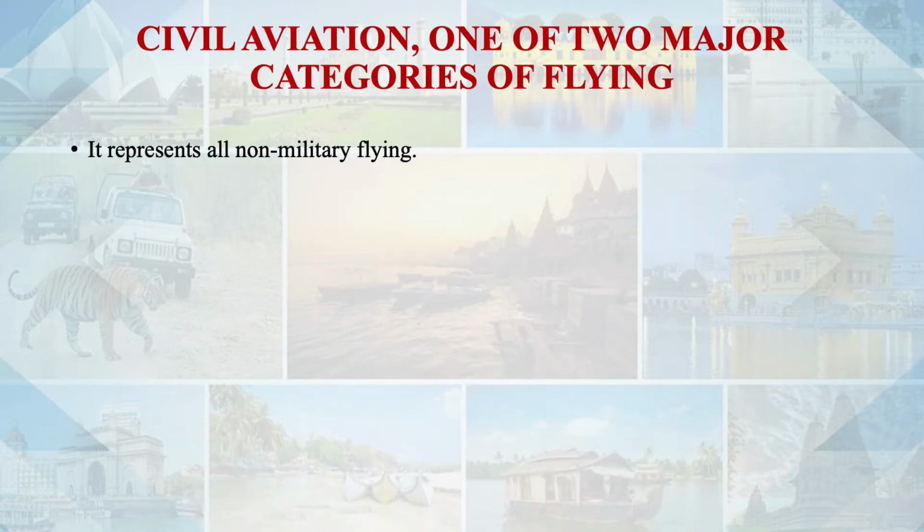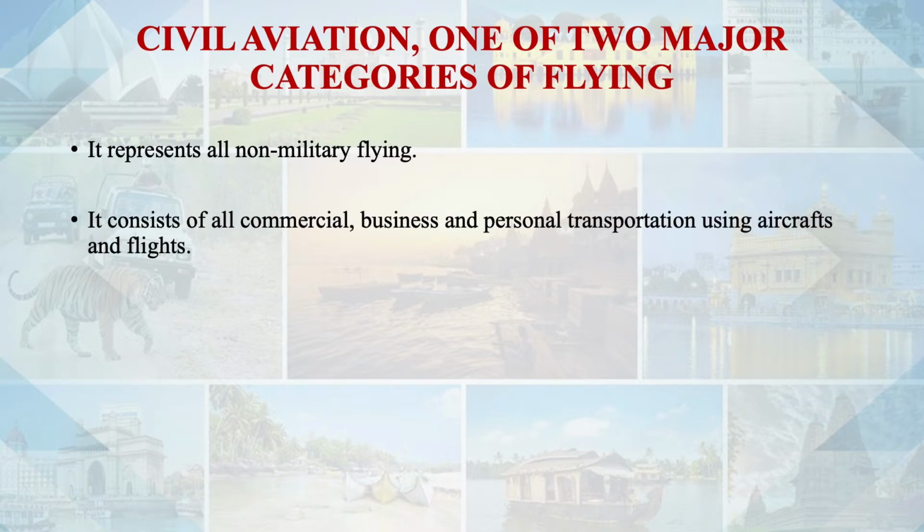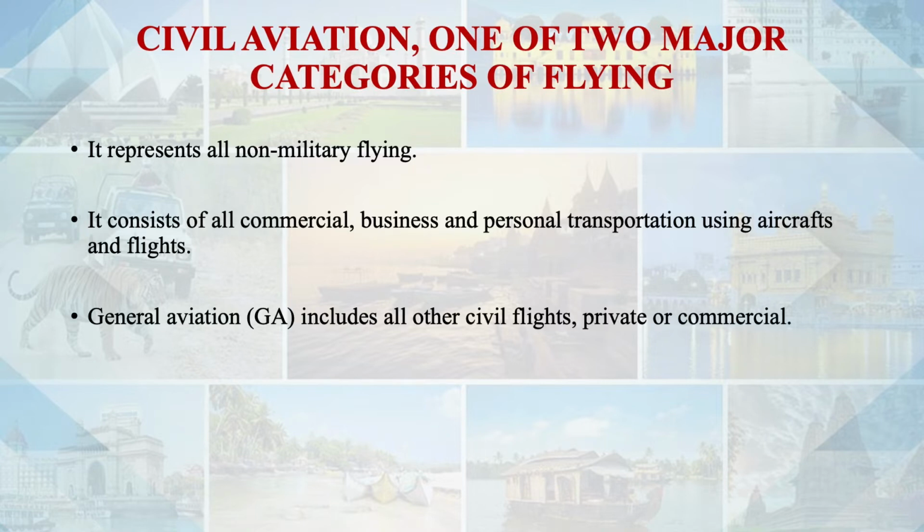It represents all non-military flying. It consists of all commercial, business and personal transportation using aircraft and flights. General aviation includes all other civil flights, private or commercial. Everything in that category comes under general aviation.